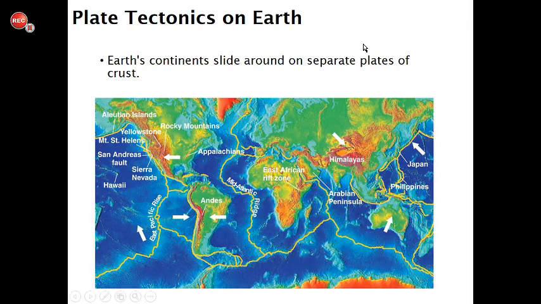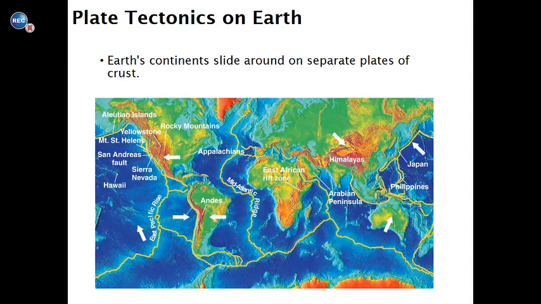So this is distinct from plate tectonics. Earth is unusual in that we notice the crust is in significant chunks called plates.